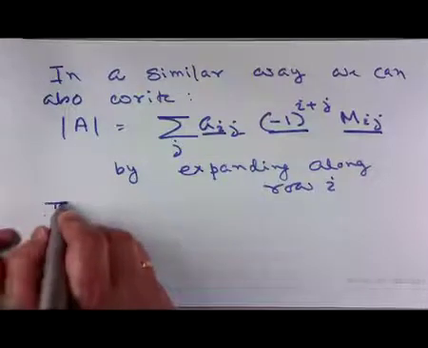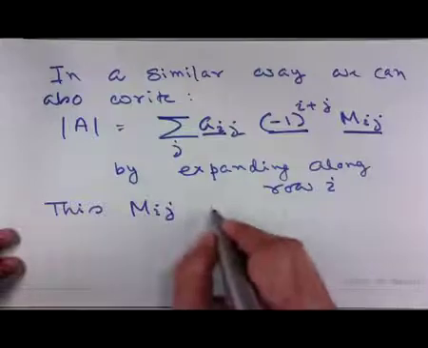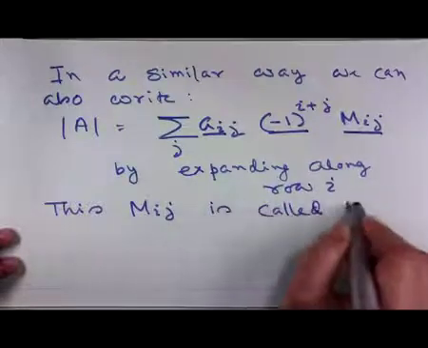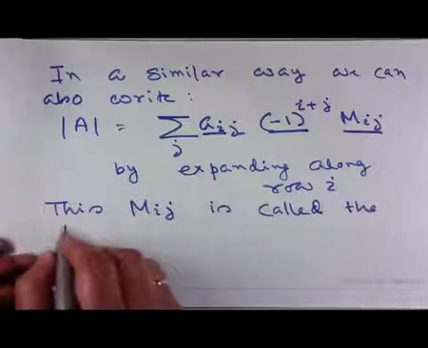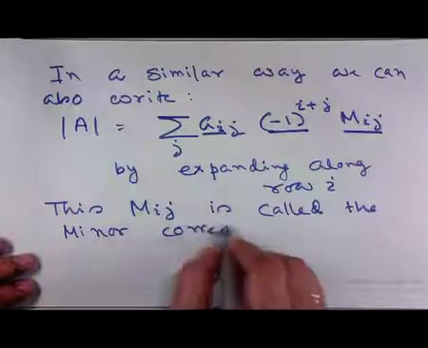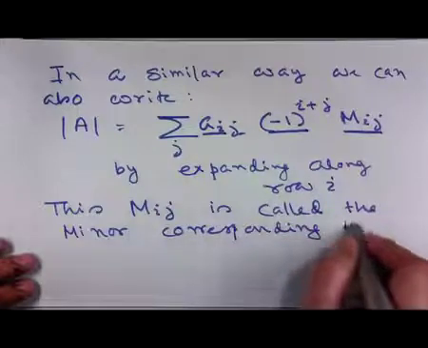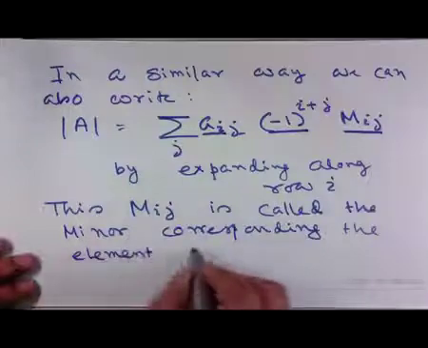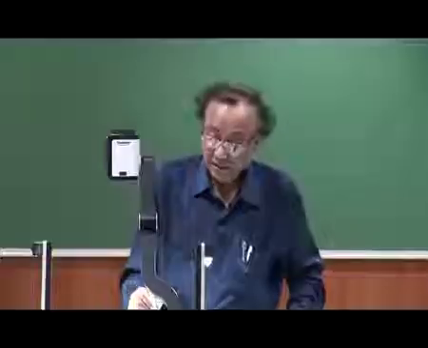This M_ij is called the minor corresponding to the element a_ij.